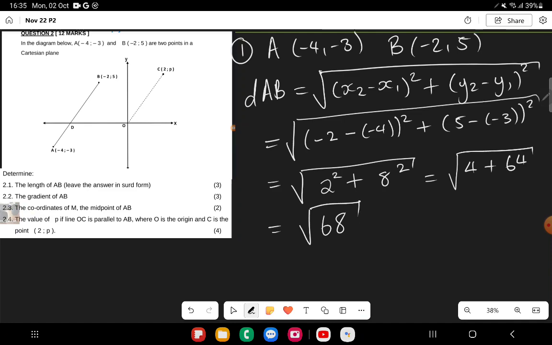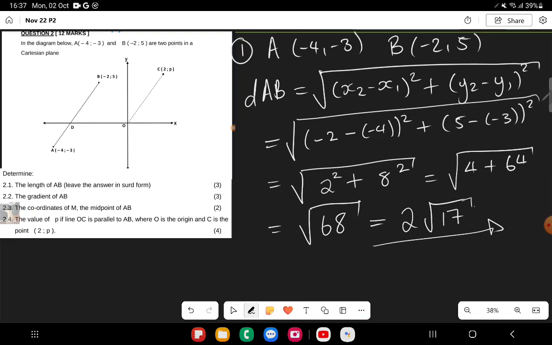So if we do that in surd form, pause quickly. Okay, I got the calculator I wanted, so that gives me 2 square root 17. And again, surd form means I have a square root in my answer. That's the answer to question number 1.